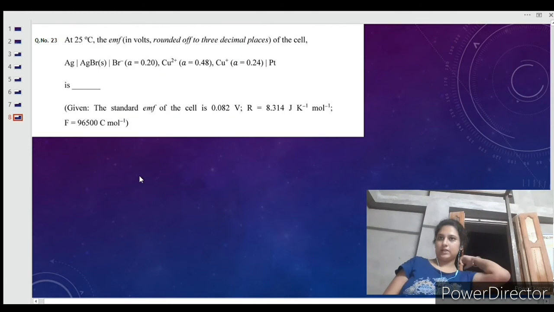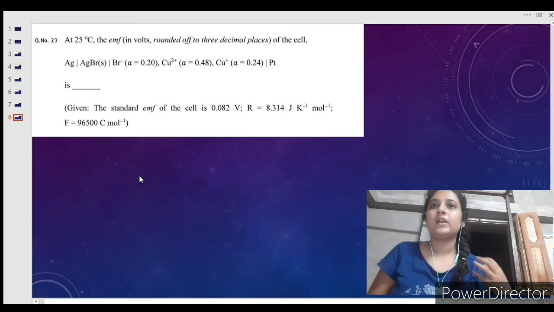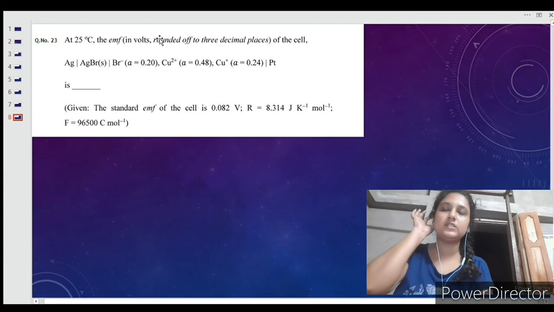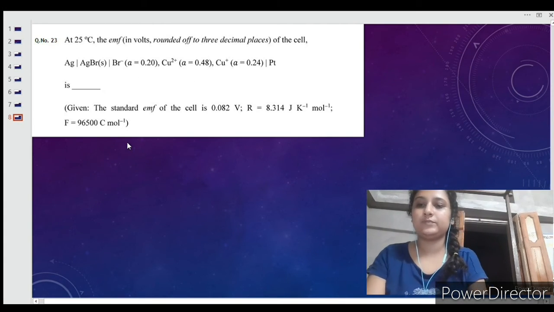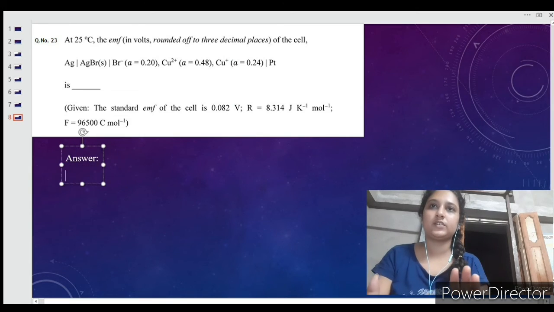Now for today's last question, that is the question of electrochemistry. The question is: at 25 degrees Celsius temperature, what is the value of EMF of this cell? To answer this problem, at first we have to write the net cell reaction.